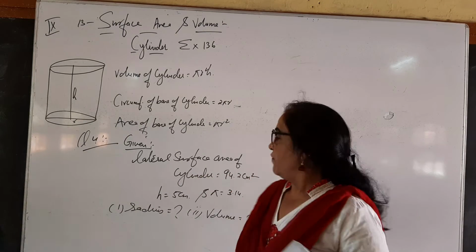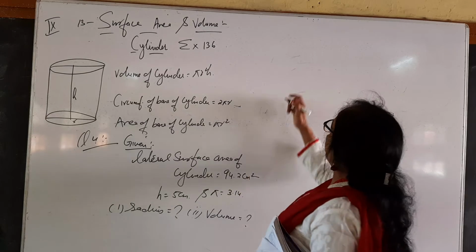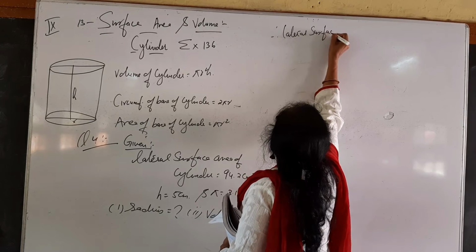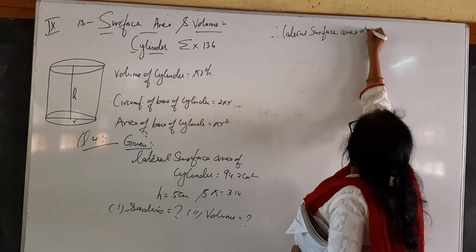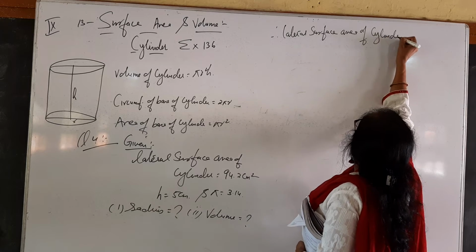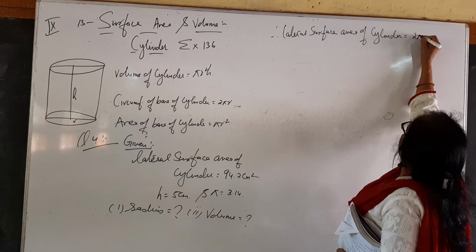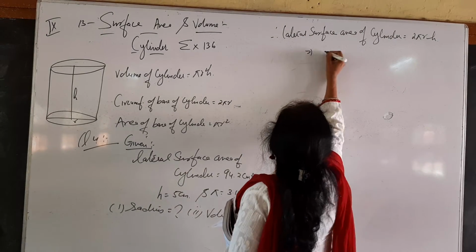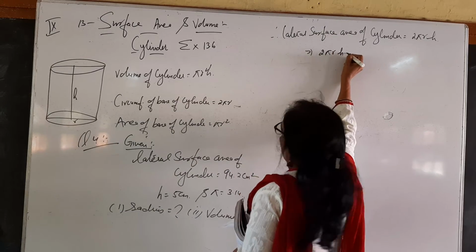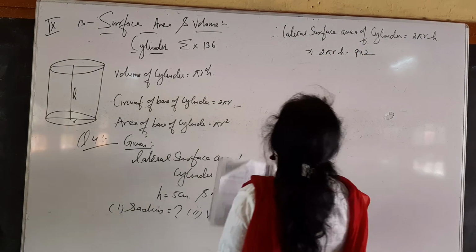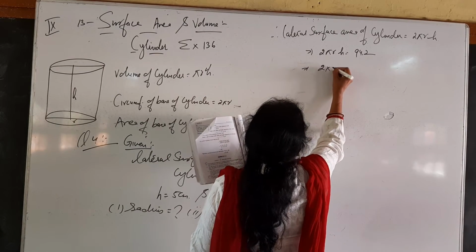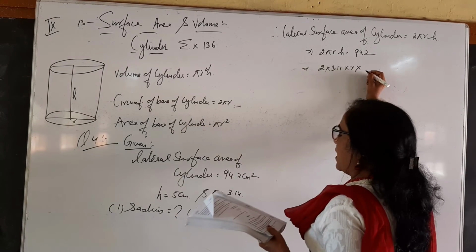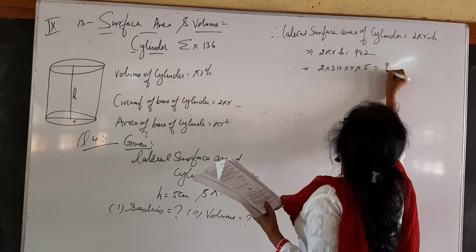Lateral surface area of cylinder is given 94.2. Therefore lateral surface area of cylinder is equal to 2 pi rh. So given 2 pi rh equal to 94.2, then 2 into 3.14 into r, h is given 5, equal to 94.2.